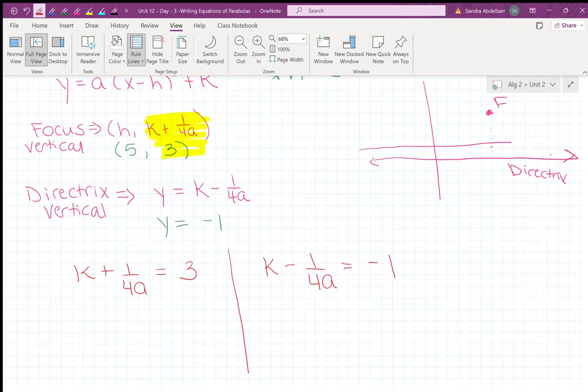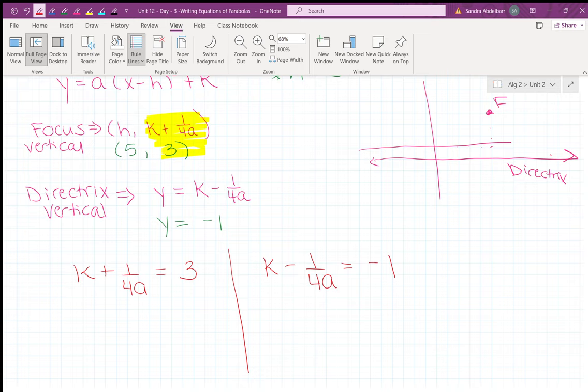Generally, when we get to this point, we know the k, and then we could just solve for a. But we don't know the k because I didn't give you the vertex this time. But I have two equations using the same variables, k and a. Can I just set up a system and solve? That's what we want to do.